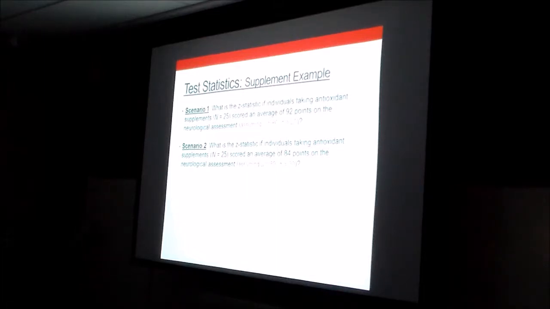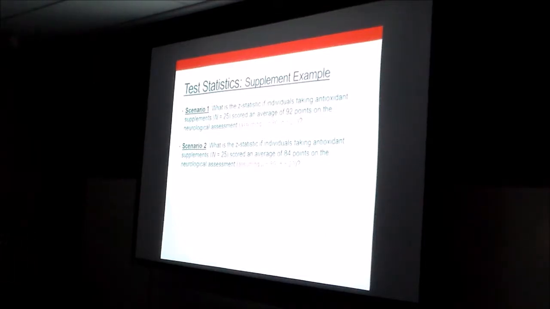It's not impossible, but based on these data, a mean score of 80 in this population is not reasonable. So we would identify the population value as relatively implausible based on the data that we've collected.